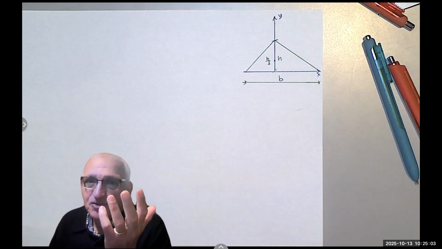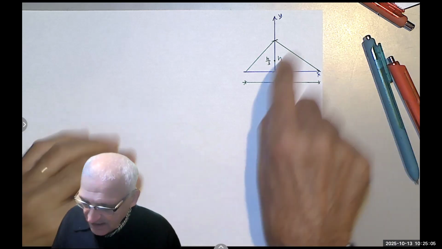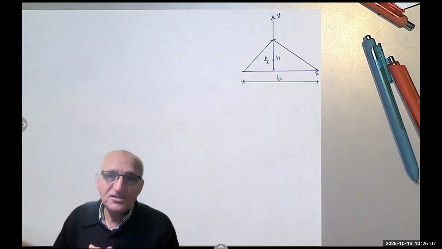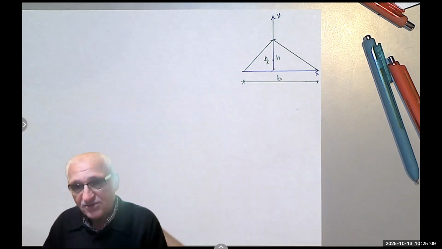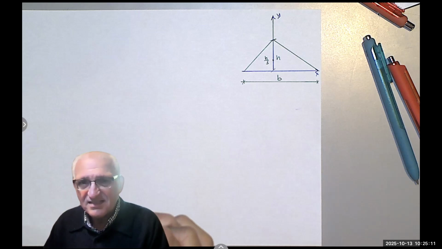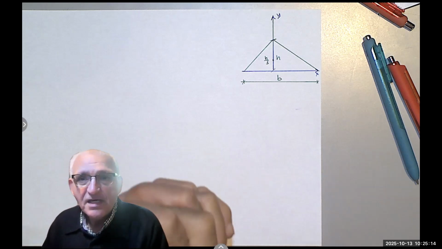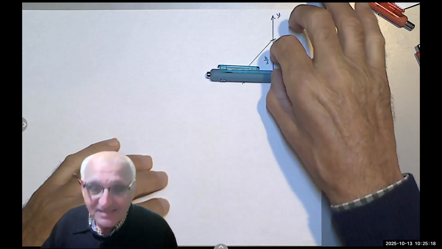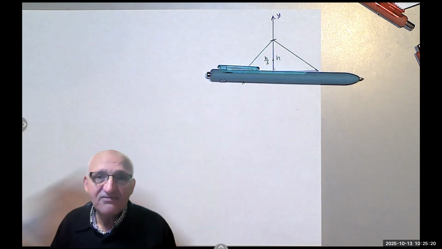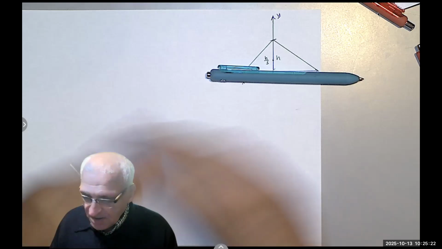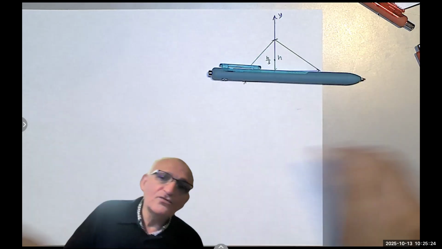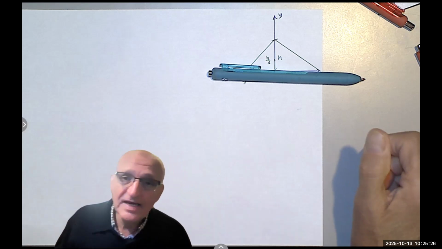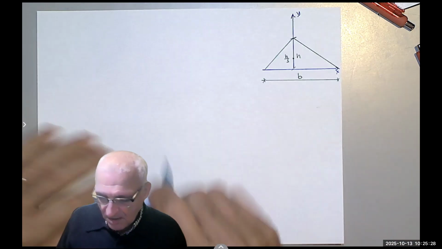It is doable, but it's not easy to find the moment of inertia about the centroid. The math is a little nasty. It's easier to find it about the base and then subtract the area of the triangle, which is 1/2 b times h, times the distance h over 3 squared. So let's do that and see how we can do it.